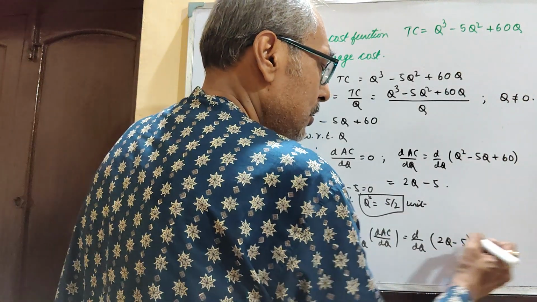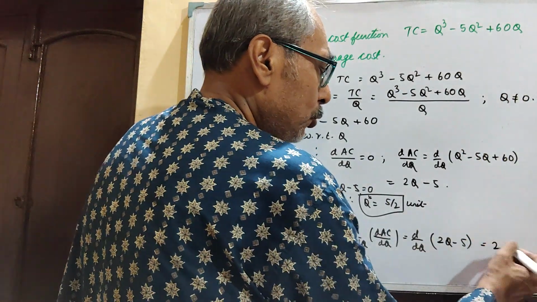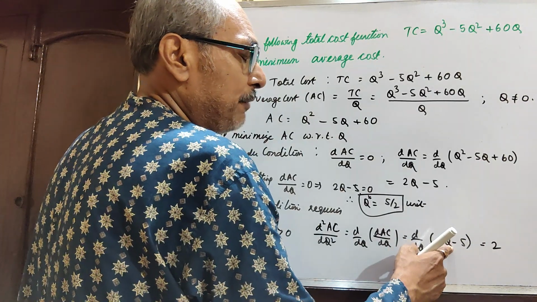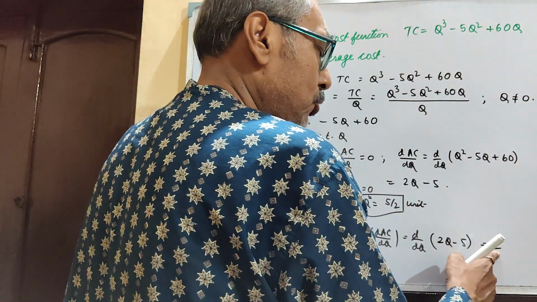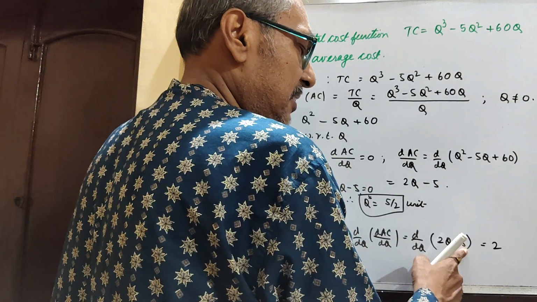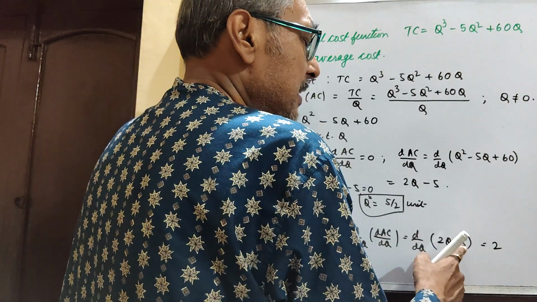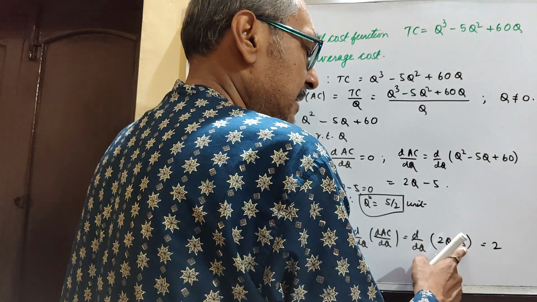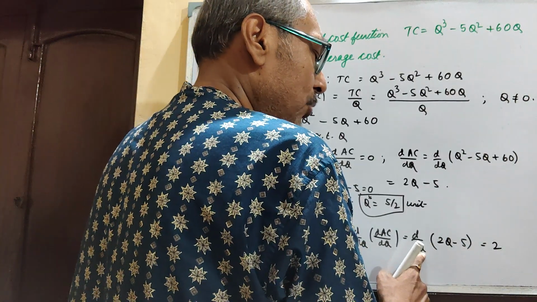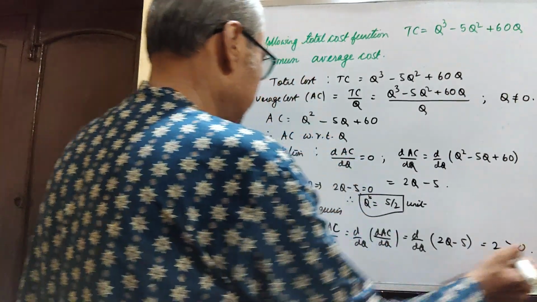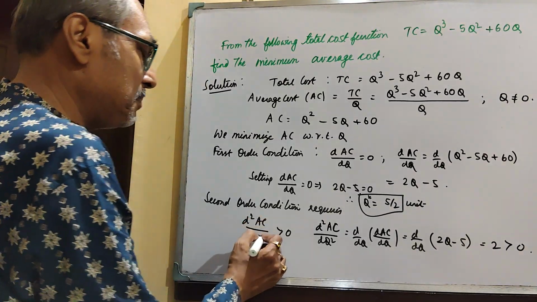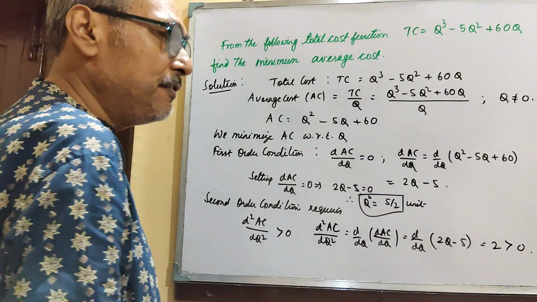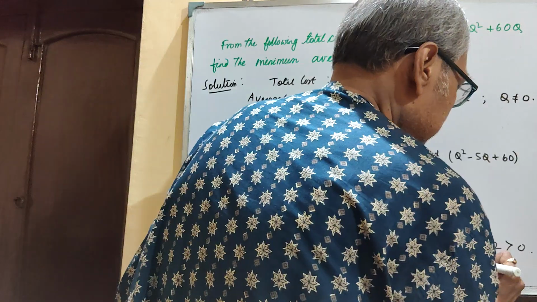This becomes 2 simply, because if we differentiate 2Q with respect to Q, it becomes 2, and 5 is a constant number. Therefore, differentiation of a constant with respect to Q is 0. This is positive. The second order condition requires that d2AC by dQ squared is positive, which is satisfied here.